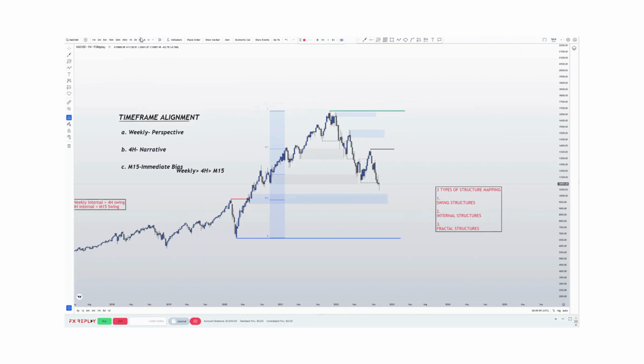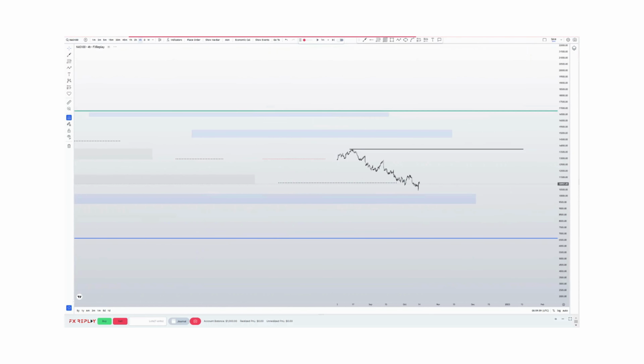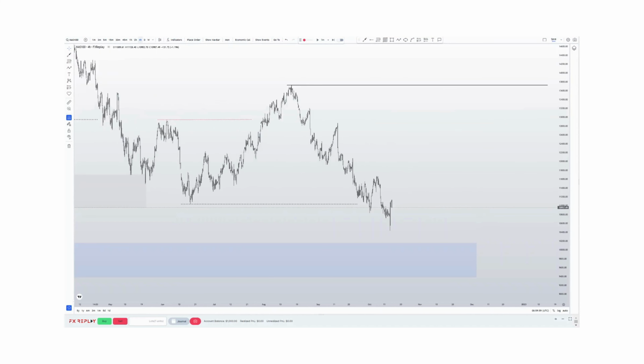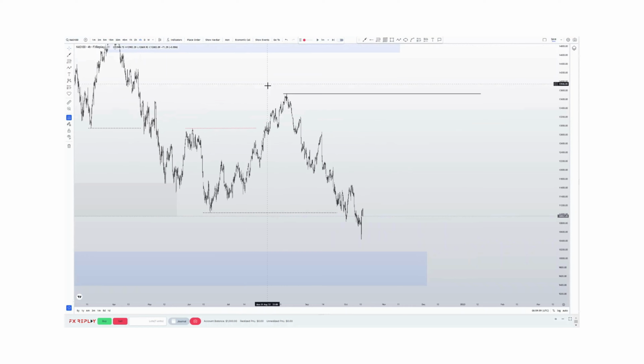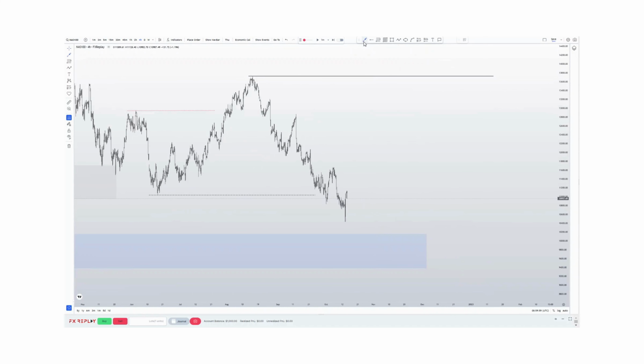But when you come to the H4, we have the internals of the weekly form the swings of the H4. So in this case, we have this internal protected of the weekly chart becomes the protected swing of the H4.